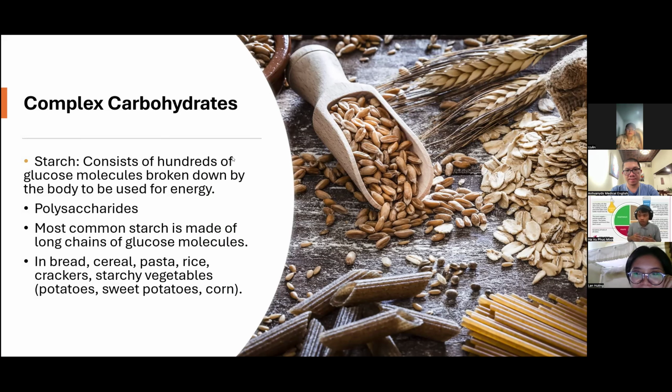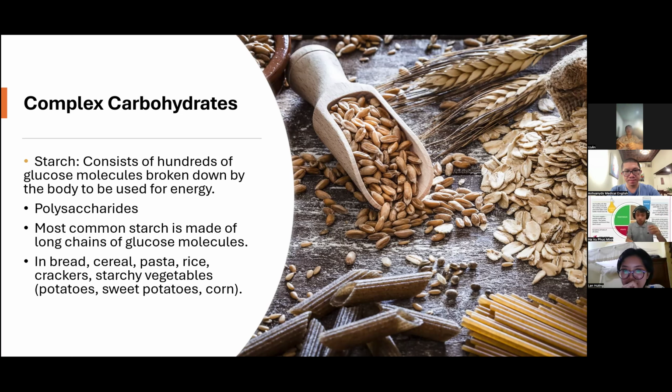Polysaccharides: poly means many, and saccharides means carbohydrates, so that means many carbohydrates stick together, form a big group, and contain a lot of molecules of carbohydrates.